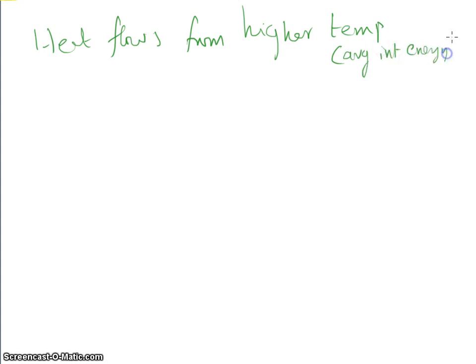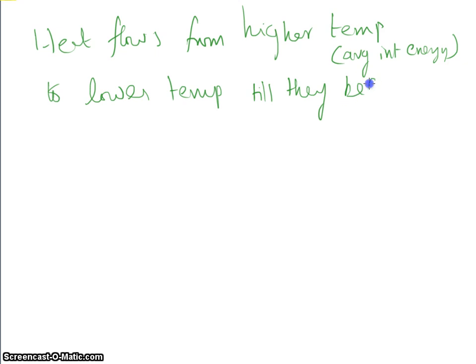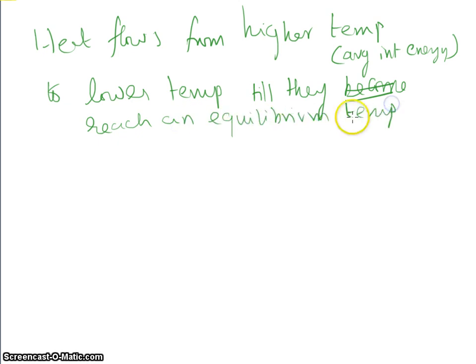Heat flows from higher temperature, and I'm going to define high temperature as average internal energy, to lower temperature till they reach an equilibrium temperature, right?